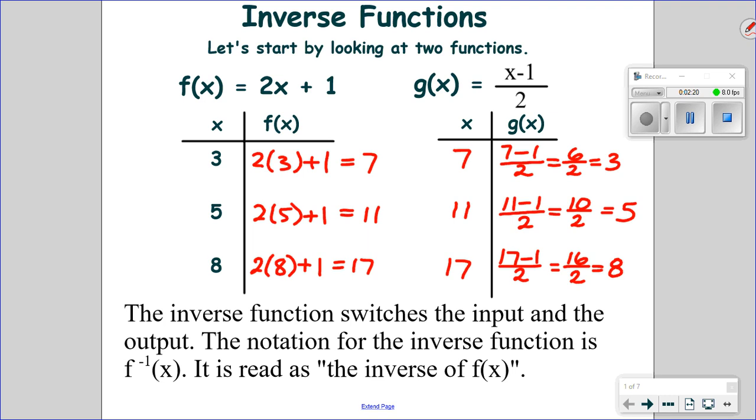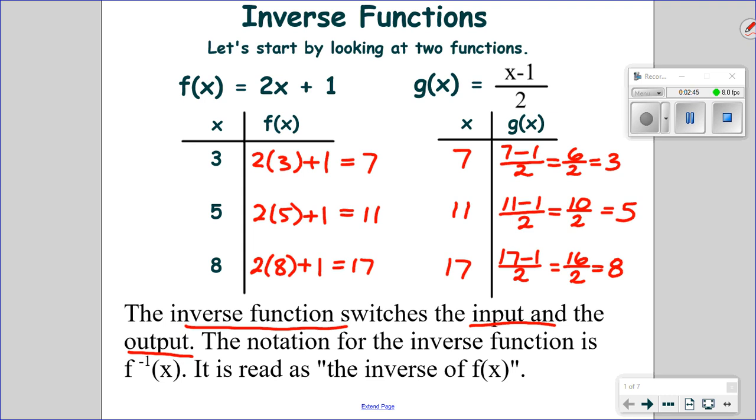Okay? So inverse functions switch the input and the output. All right, so that's the key thing I would say to remember about inverse functions. Inverse functions switch input and output, or you can think of it as switch x and y.